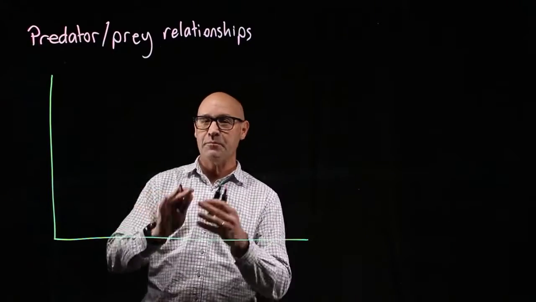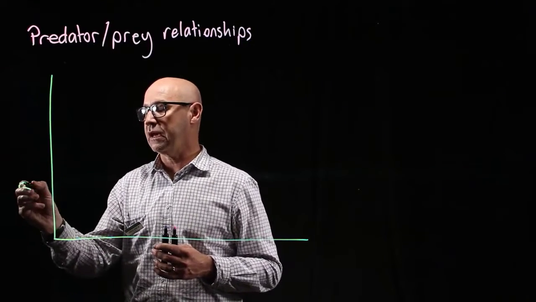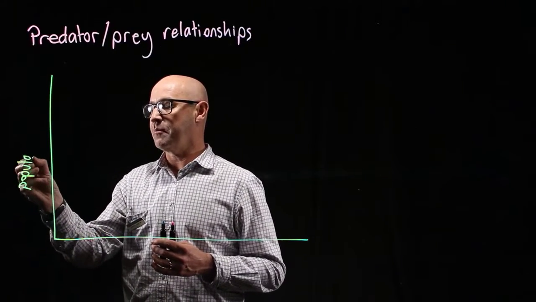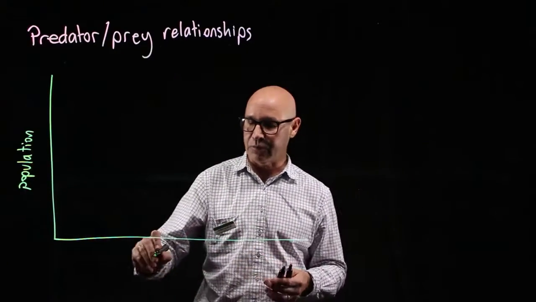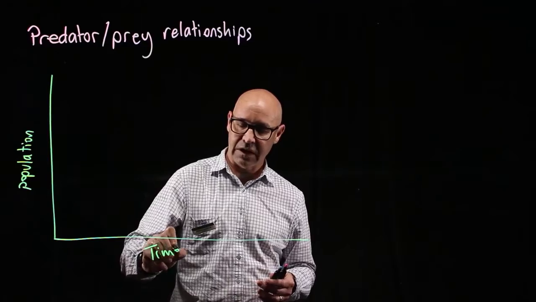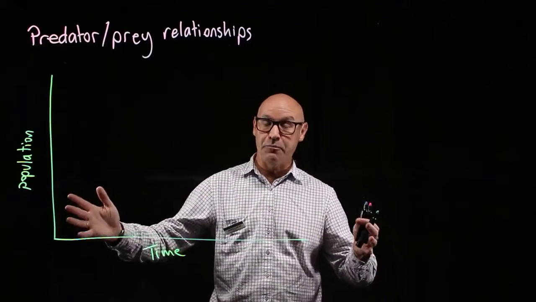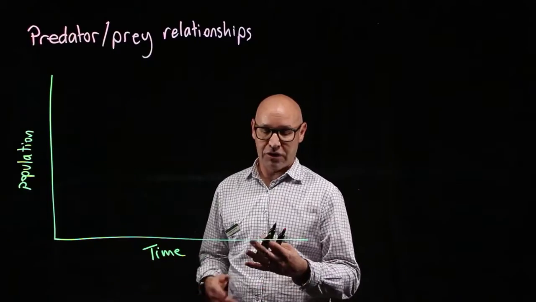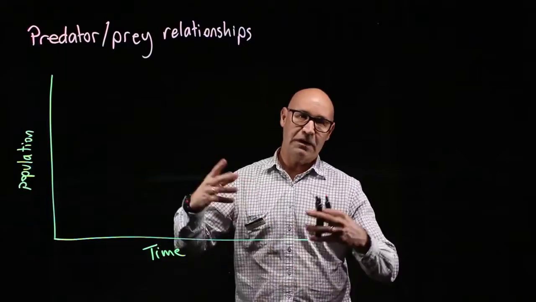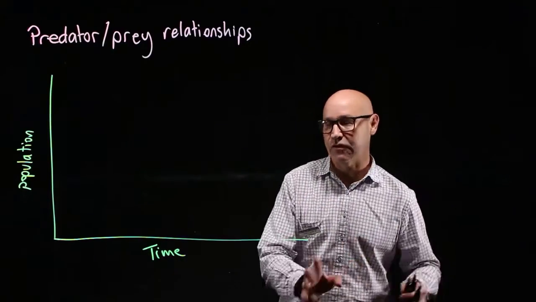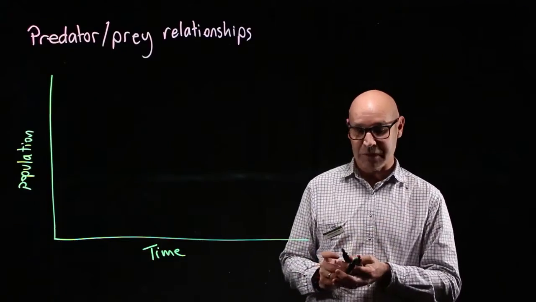So we're looking at populations, so on our y-axis we're actually going to look at the population, the number of organisms, and on the x-axis we're looking at time. Now the time we're looking at is over years, maybe decades, because we're talking about populations and they need to increase and decrease based on births and deaths, etc. So we're talking about years, but that depends on the type of species.